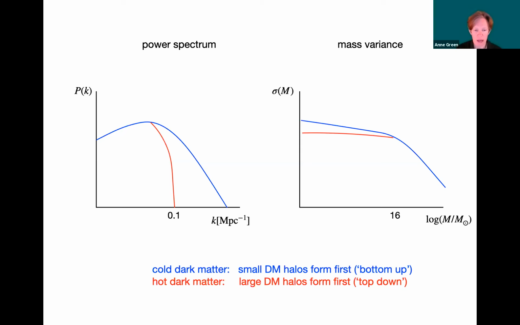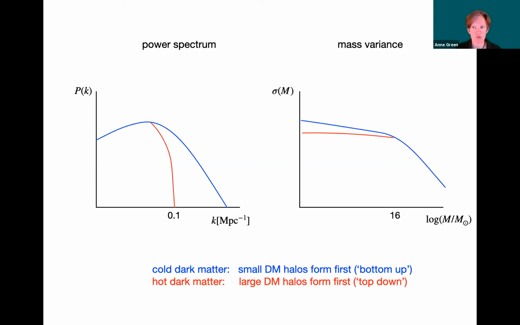Blue is for cold dark matter and red is for hot dark matter. The blue line is what you expect just from the evolution of the primordial perturbations, but with hot dark matter, the free streaming of the density perturbations erases all the perturbations for large k, or equivalently small length scales. On the right is the mass variance, and that then essentially grows with time.